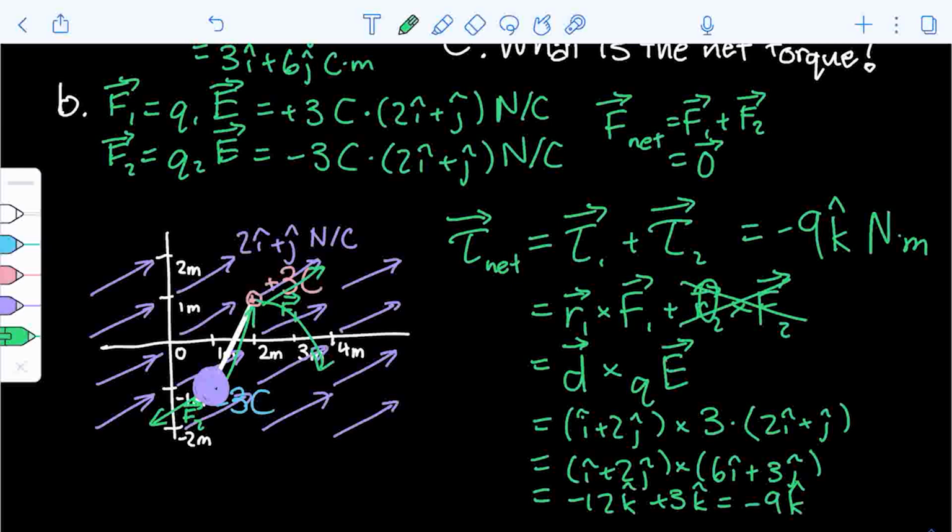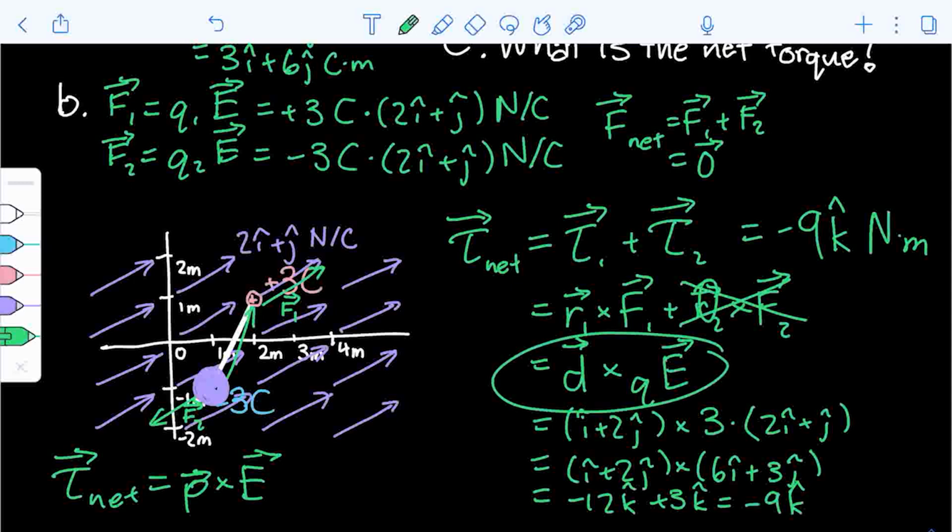Cool. So there's actually a more succinct way of calculating what torque is. It turns out that the net torque is going to be equal to P cross E, and that's it. And we can see that from this step here. We can move the Q to be with the D without changing its value.